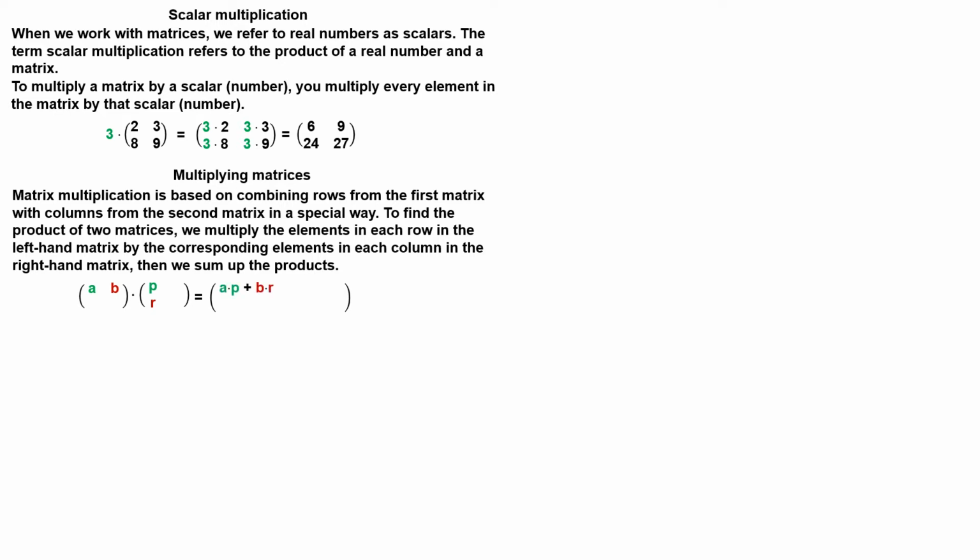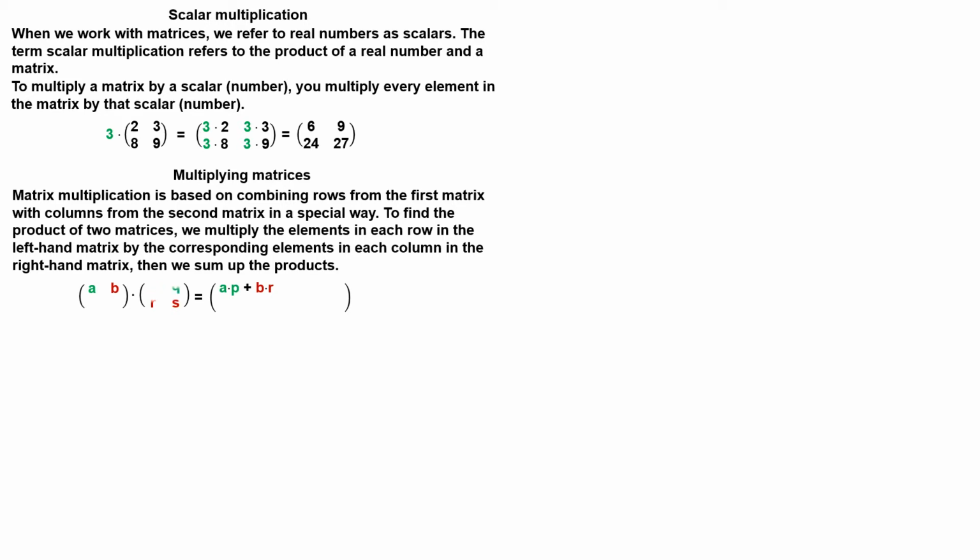This calculation forms the element in the answer matrix, which corresponds to the row and column we are calculating. So if we are working on row 1 and column 1, our answer gives the element in row 1 and column 1 of the result. We repeat this process for all the combinations of rows and columns.